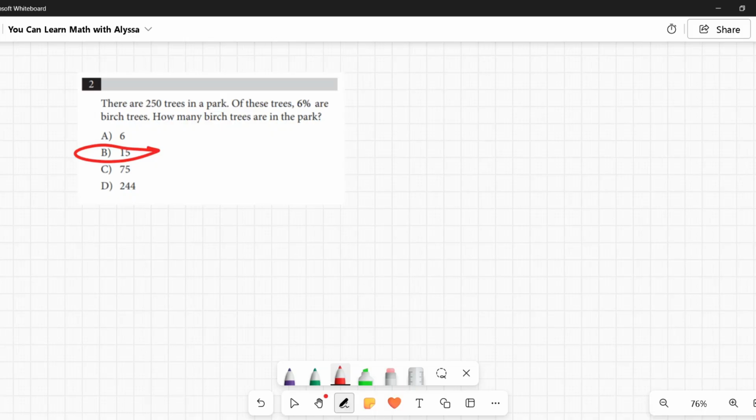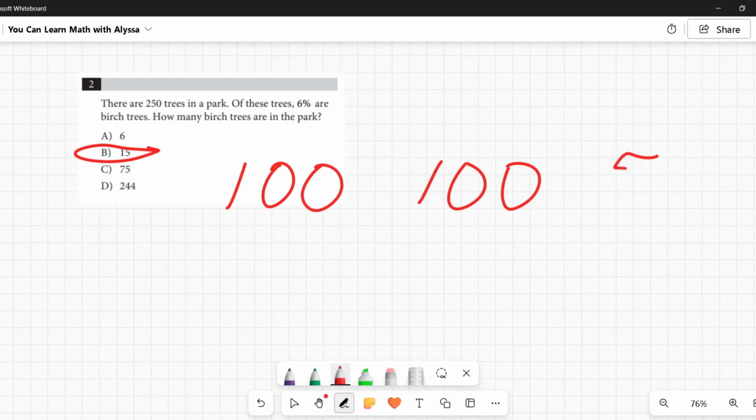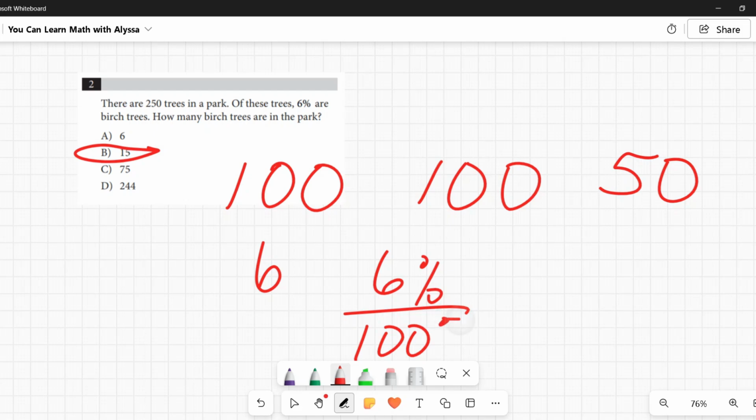So if we're saying 6% of 250, the way I would do this in my head is I would look at 250 as 100, 100, 50. I know 6% of 100 is 6, because that's the proportion. 6% out of 100% equals what out of 100?